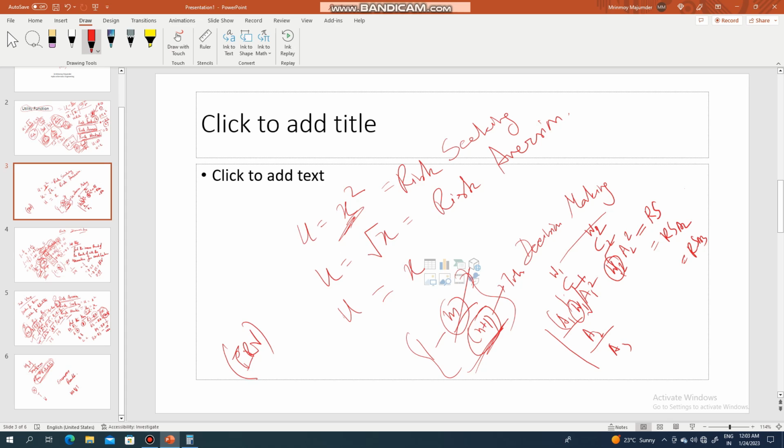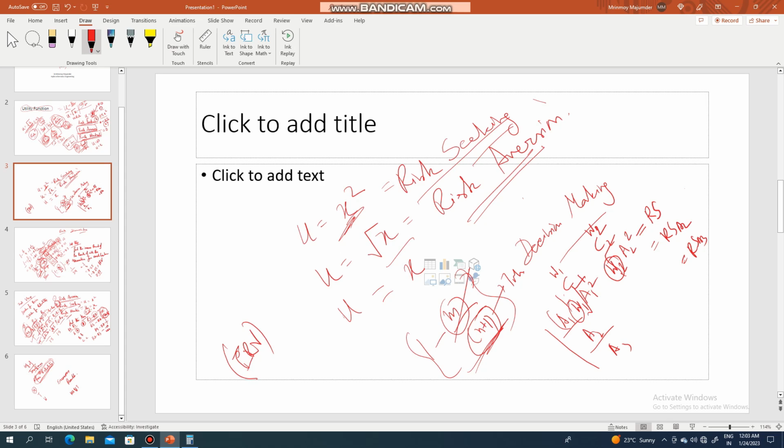The first case is risk aversion. What I have shown, you will have to take the square root of each of the values and add them. For the risk seeking, you have to square the values and add them.